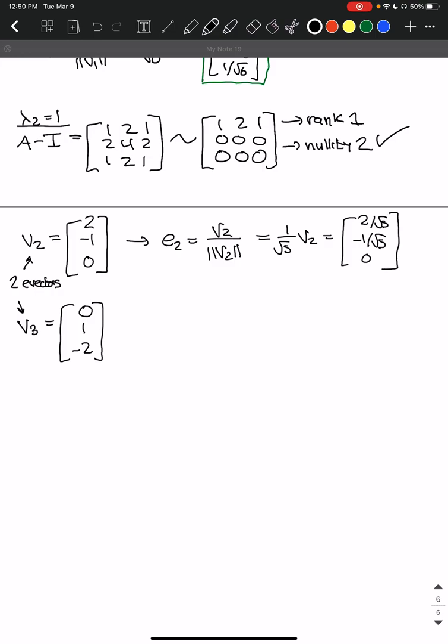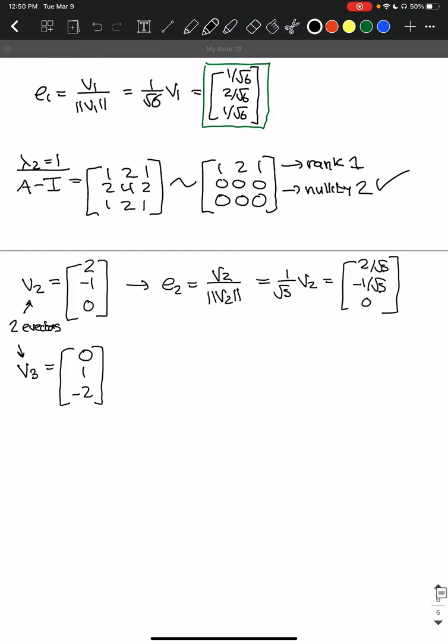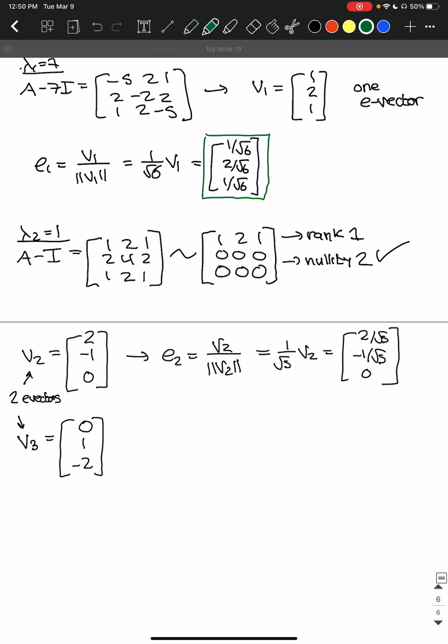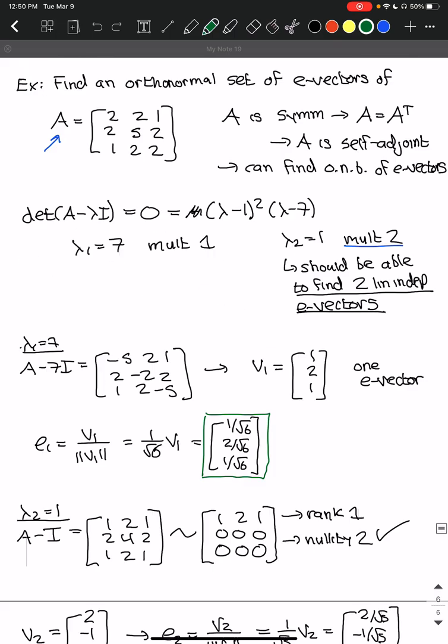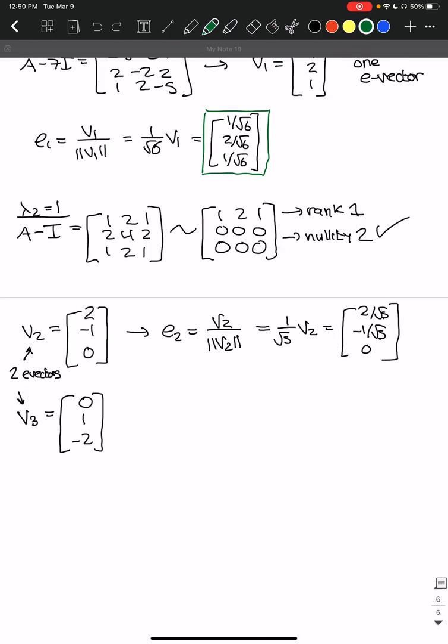Okay, sorry that wasn't super clear, but what we're doing is we're considering this to be on its own a normalized eigenvector, and we're considering this to be on its own as well. But now we have to use E2 to generate E3 because they're within the same eigenvalue.